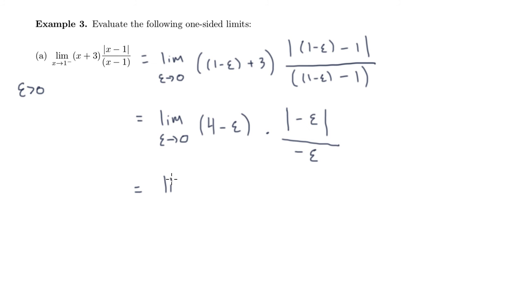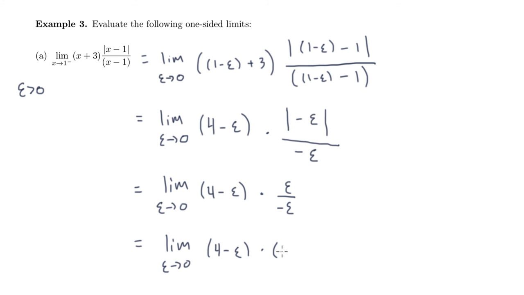So this is really the limit as epsilon goes to 0 of 4 minus epsilon times epsilon over minus epsilon. But epsilon over minus epsilon is just negative 1. So this is just the limit as epsilon goes to 0 of 4 minus epsilon times negative 1.